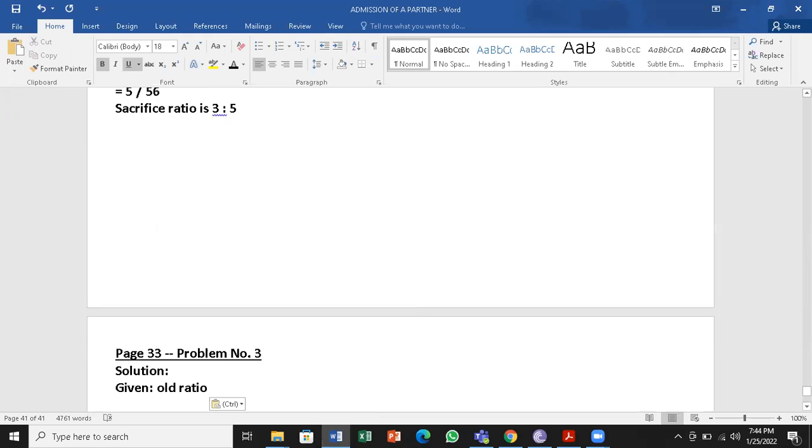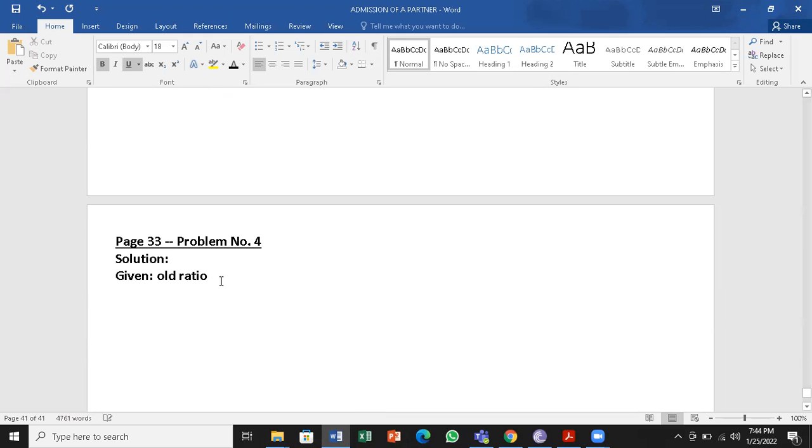Problem number 4. So here we should take the new profit sharing ratio. New only we'll be calculating, but here they have given the information in a different way. That's it. Other than that, nothing new here.